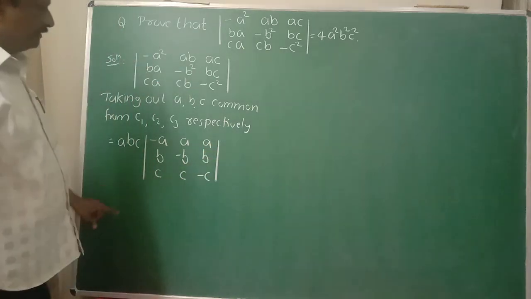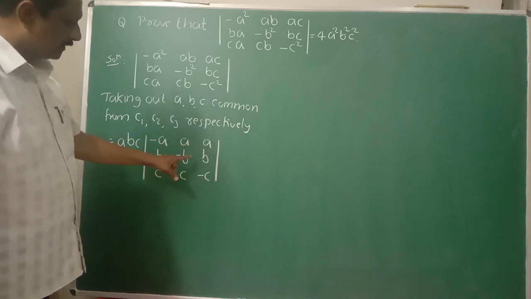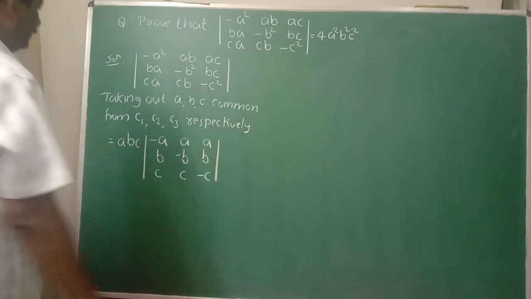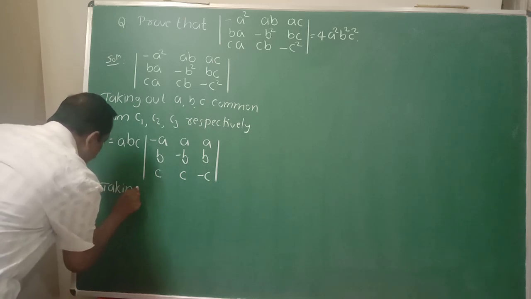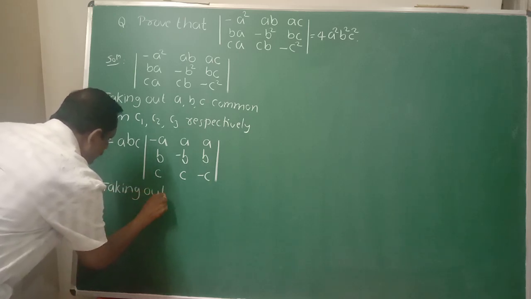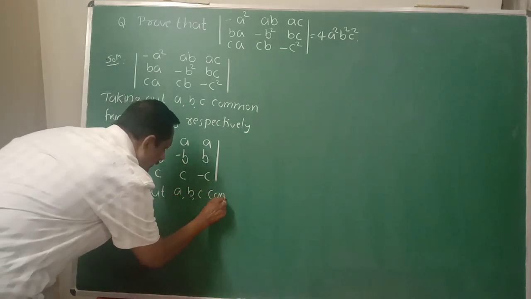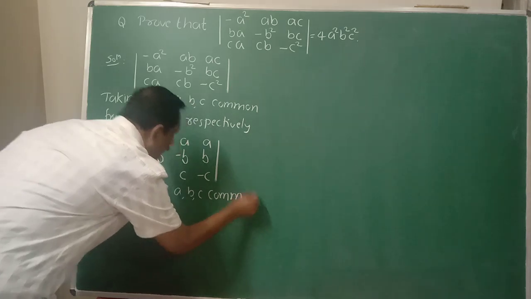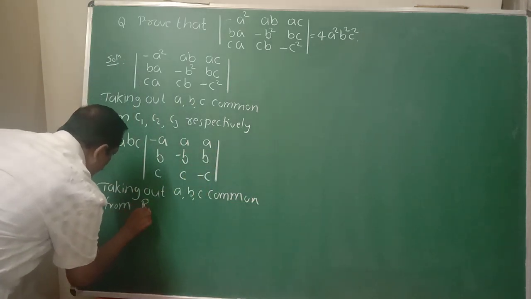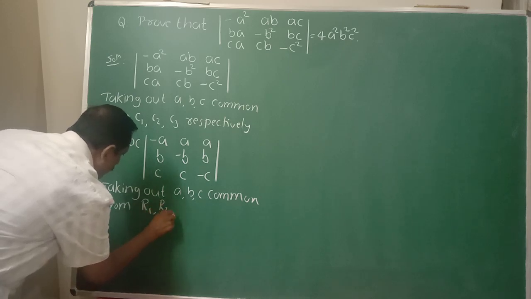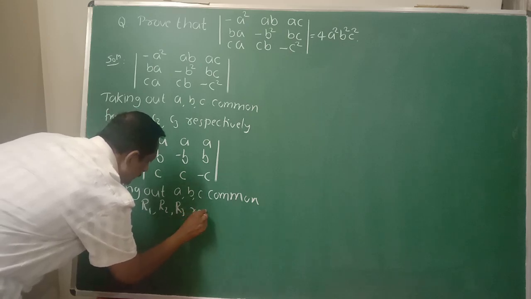Even here also, from the first row a common, second row b common, third row c common. Therefore, taking out abc common from R1, R2, R3 respectively.